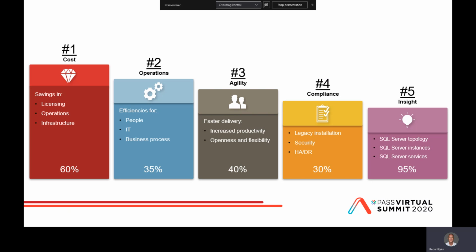And finally, the insight part. And the reason why we have said 95% improvement here is because when we come to collecting usage data for an entire data estate, I could easily put 99% here because our track record is that no one so far has been able to give us that data.